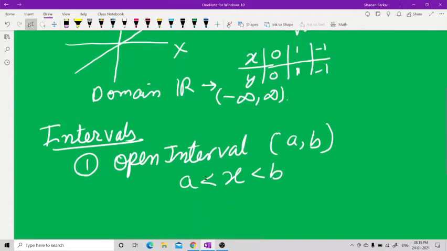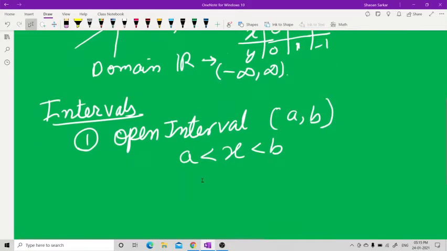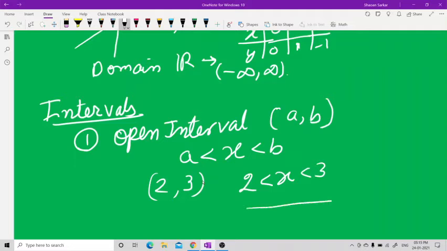Example: suppose I take the points 2 and 3. This is the open interval. That means x will be greater than 2 but less than 3. Let us draw the line here. This is my 2, this is my 3, and x will not take these values. All values in the middle will be taken.